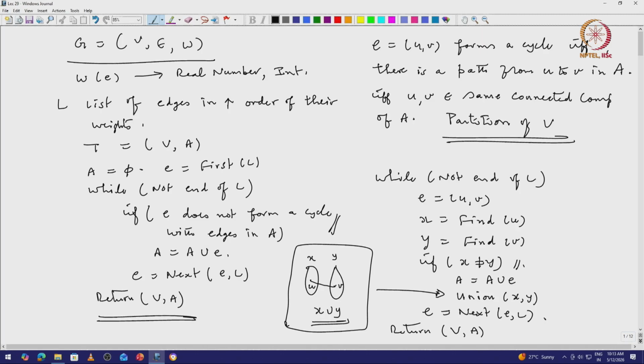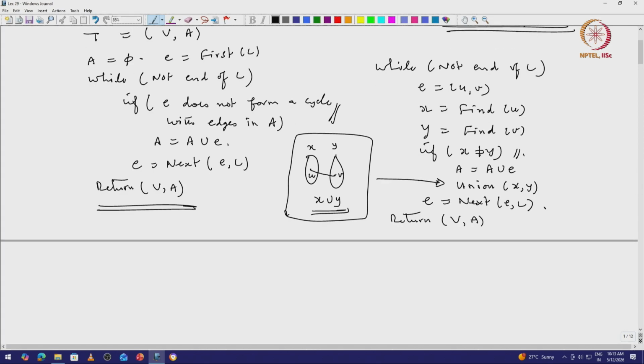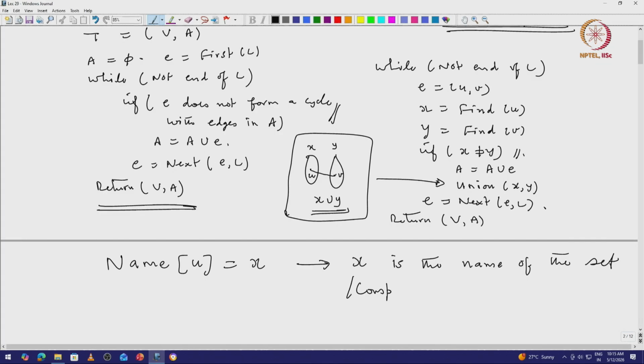And this makes the complexity analysis a lot easier. That is because we have got a name array implementation, name of u equal to x means x is the name of the set or component containing u.